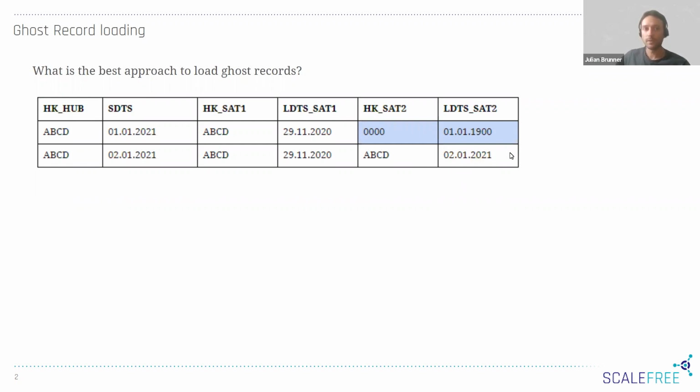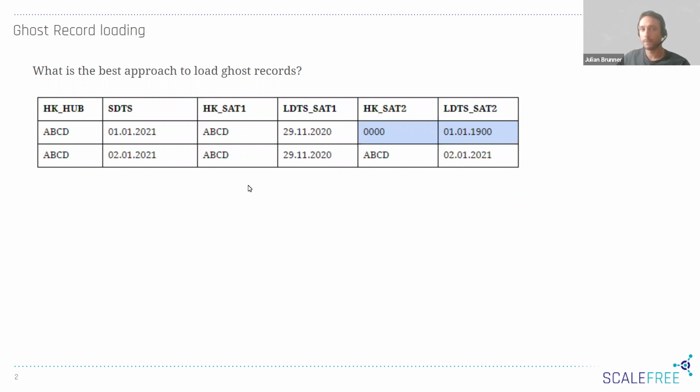So as I said, if there's no active record in a satellite for a specific snapshot, we reference the ghost record. That ensures that we will reference either the active record or the ghost record.